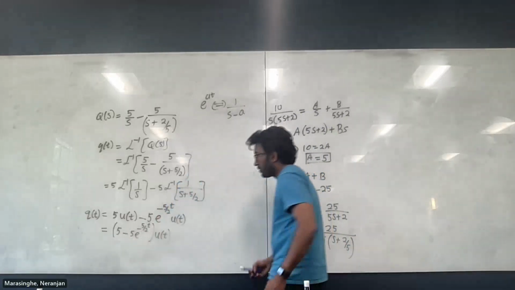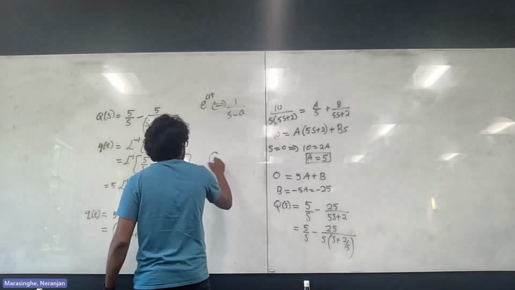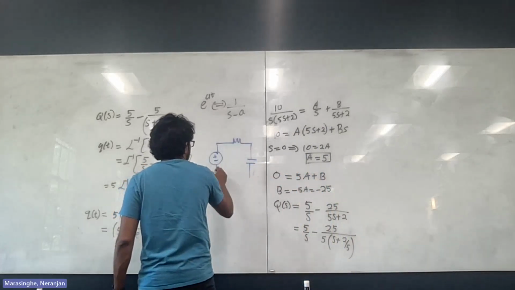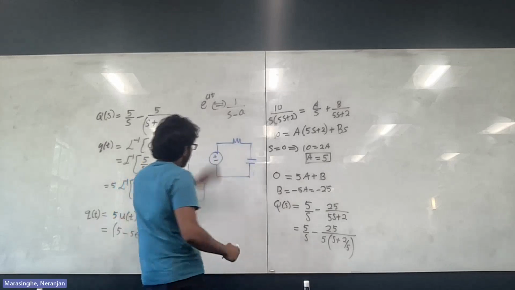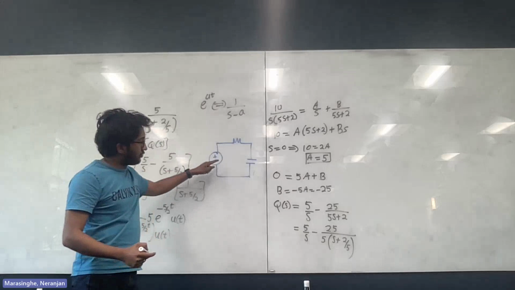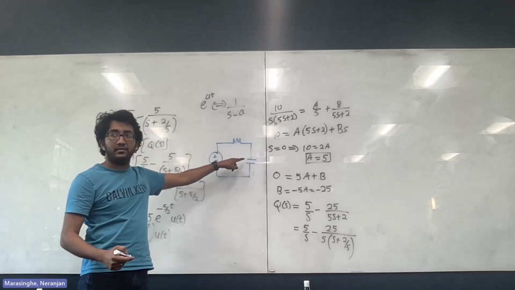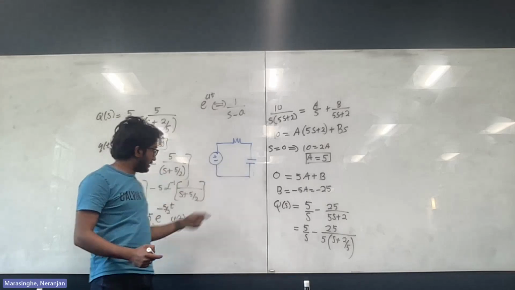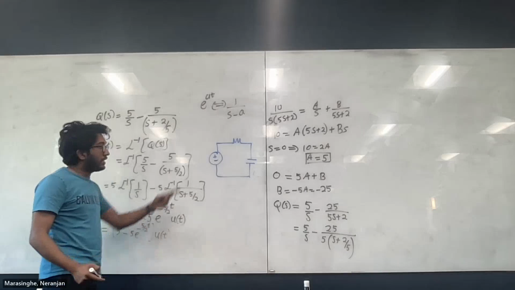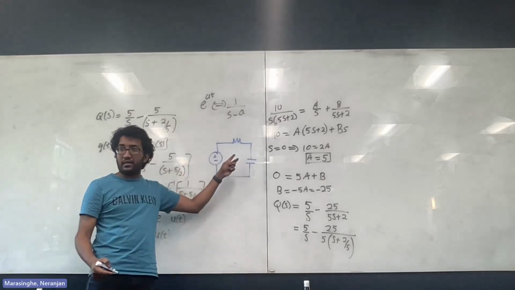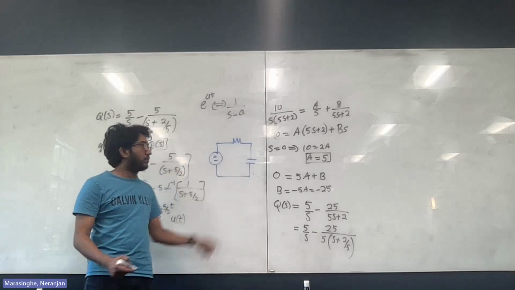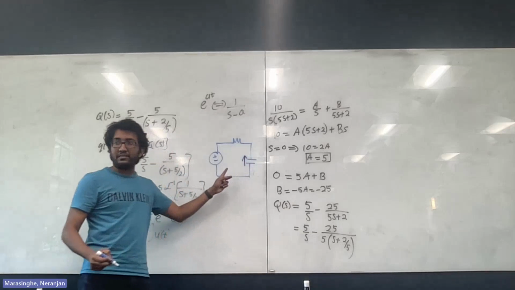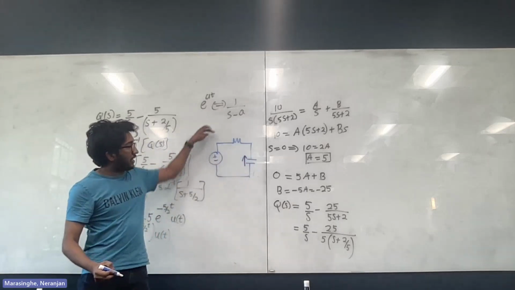That means, this was our circuit. Initially the switch was open and I closed the switch and current started to flow, and the initial charge on this capacitor is 0, right? When the capacitor starts to charge, voltage builds up across it. As a result, initially the current is high.